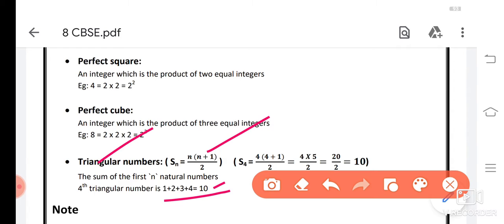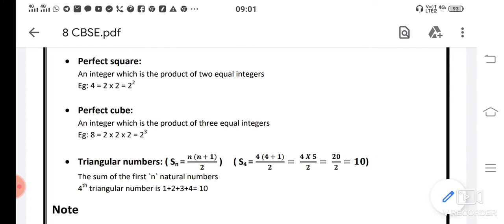Without adding, if you use the formula, you can get the answer easily. That is, S4 is equal to, in place of n you take 4, so S4 is equal to 4 into (4 plus 1) whole divided by 2. So 4 plus 1 is 5, 4 into 5 whole divided by 2, that is 4 fives are 20, divided by 2, 2 tens are 10.